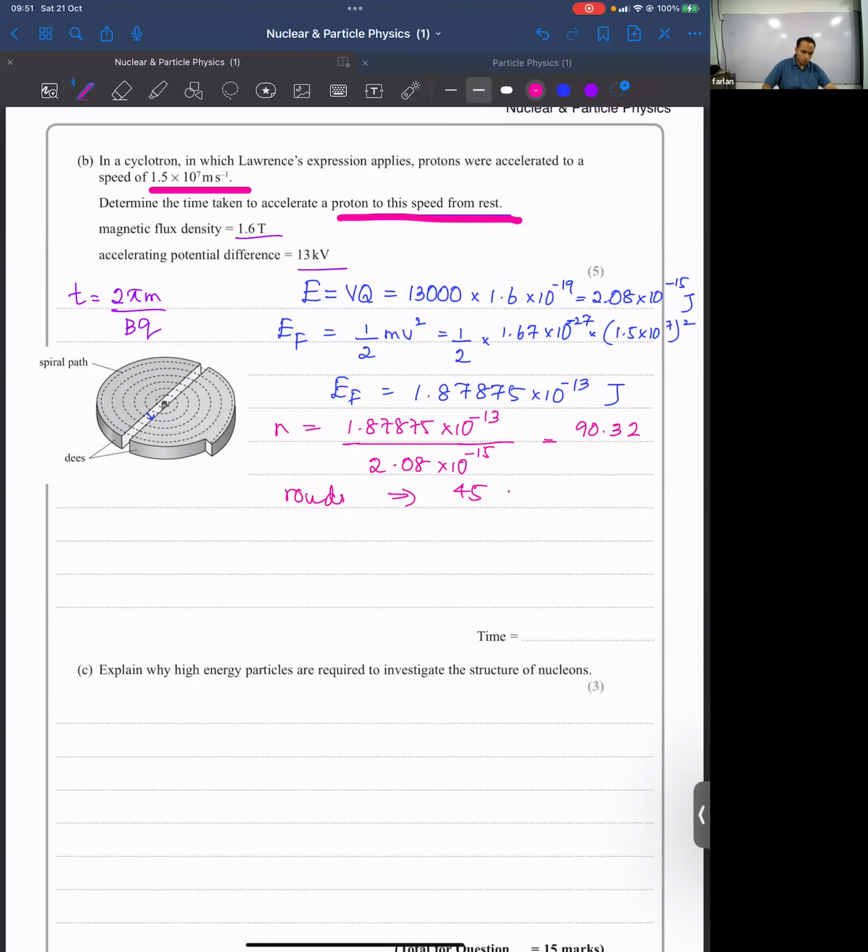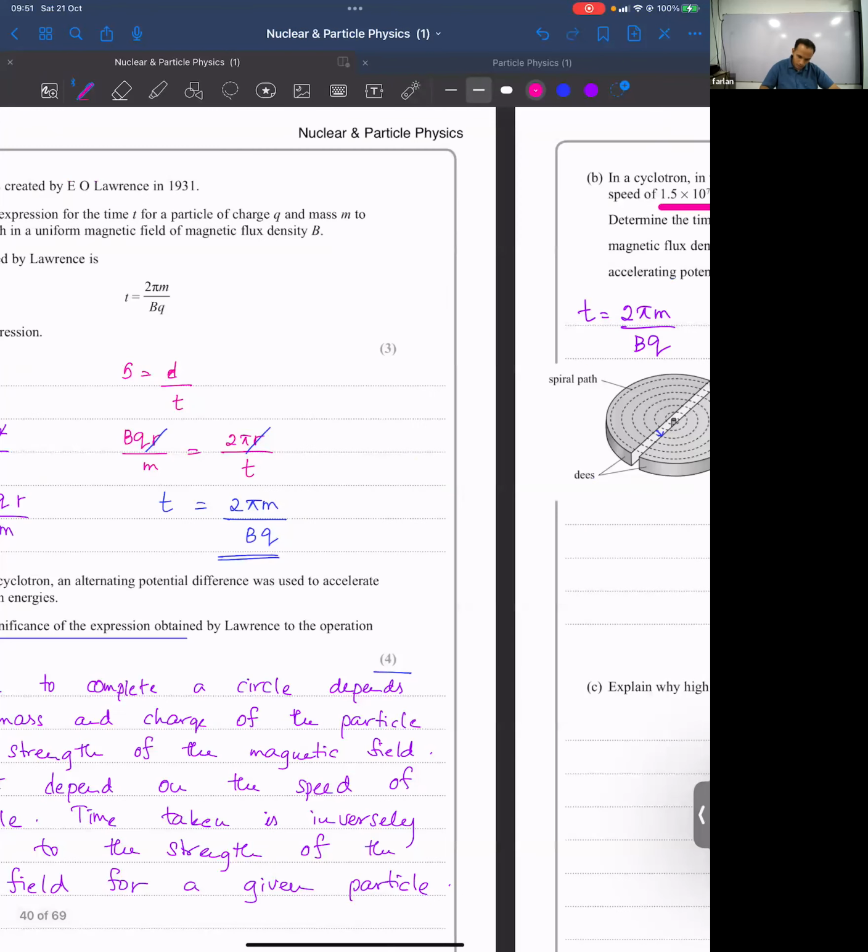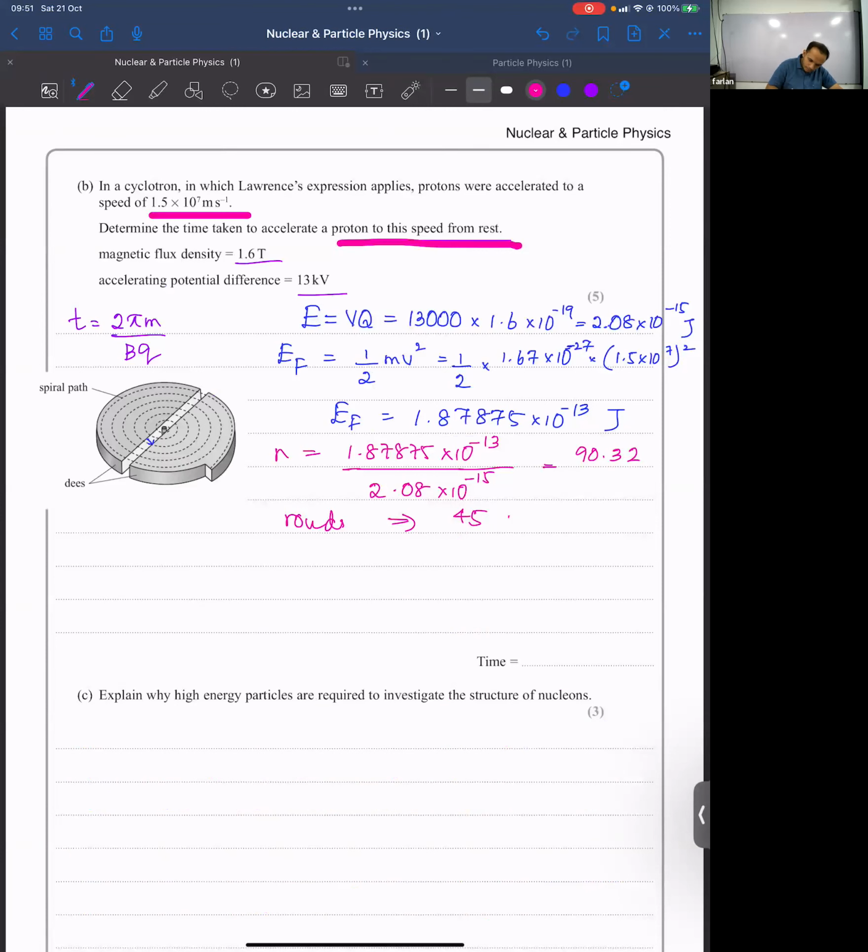Now I can use the previous equation, T equals 2 pi m over B q. Now in one round, the particle gets accelerated twice, right? Correct? So if you want it accelerated 90 times, you need 45 rounds.